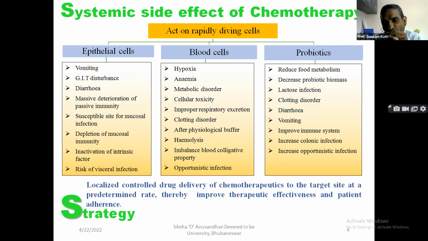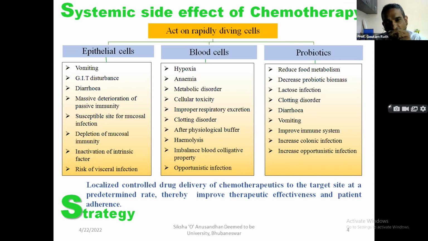So when we look at the side effects of cancer drugs, definitely the major side effect would be anemia, because the drugs can kill RBC.